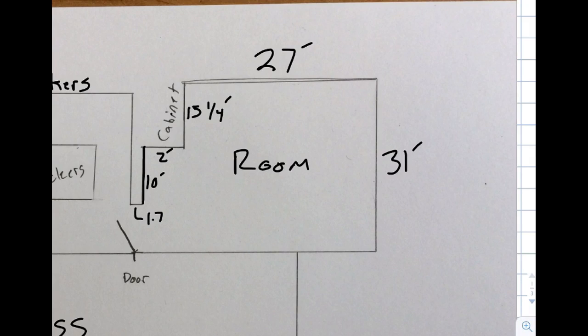I didn't show a picture of it, but my back wall is 30.75 feet. And really all of those things should match up. If I were to take 27 plus the 2 plus the 1.75 there, it does match up pretty close to 30.75.